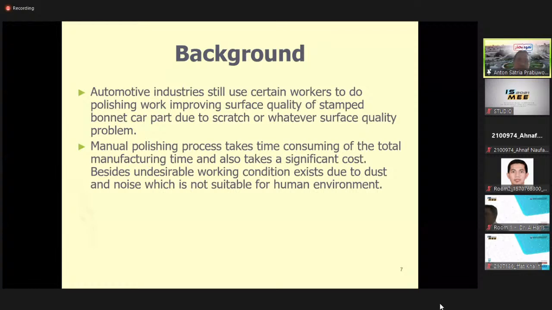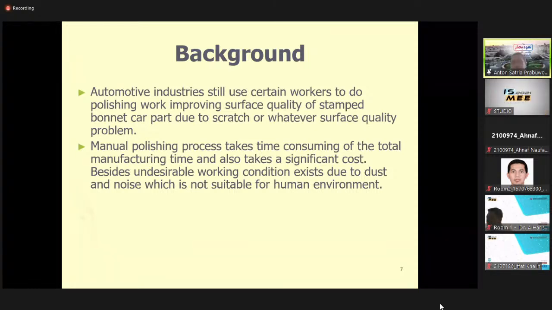And the working environment of the polishing process is actually dangerous for humans, because of the metal dust that especially exists due to the process of polishing.